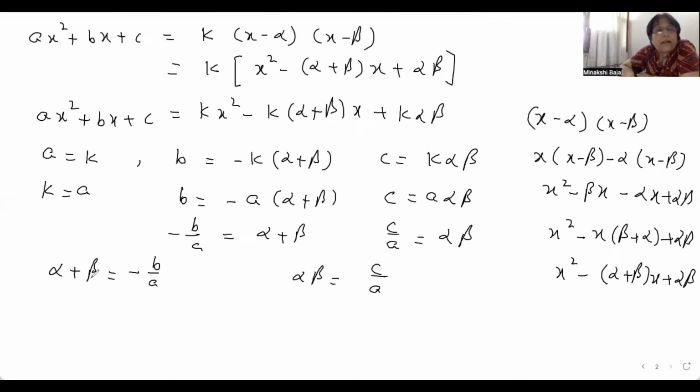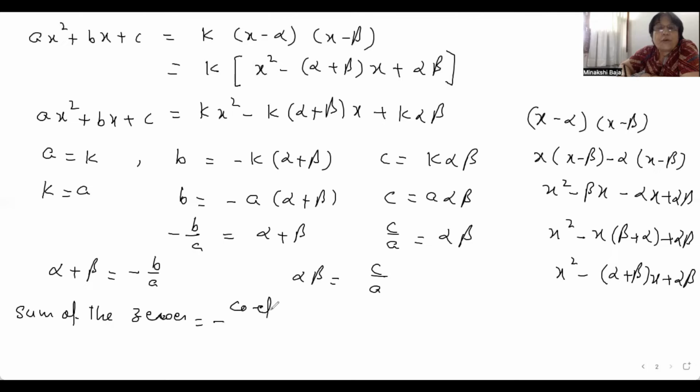Now, what are alpha and beta? They are the zeros of the polynomial. It means sum of the zeros. So sum of zeros is equal to minus b by a. What is b? Coefficient of x. What is a? Coefficient of x square.